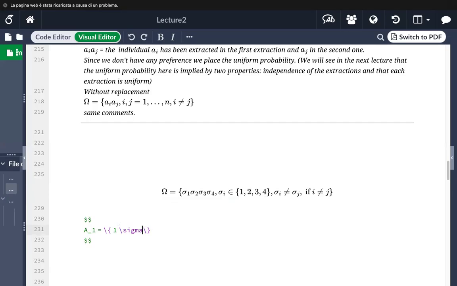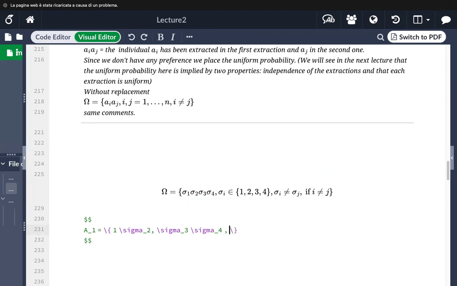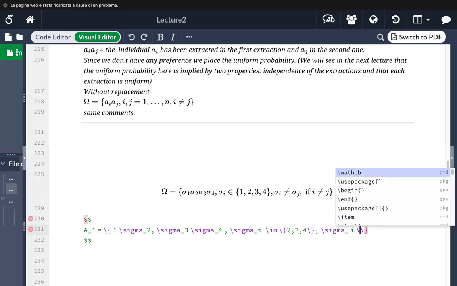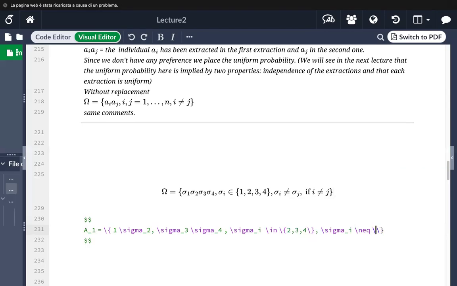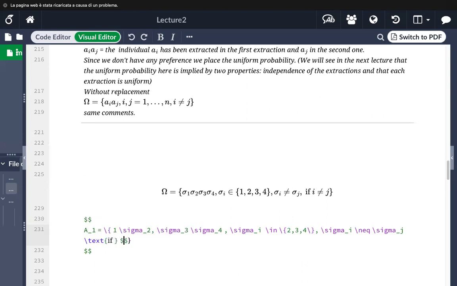So sigma 2, sigma 3, and sigma 4, where again sigma i is either equal to 2, 3, or 4, and sigma i is not equal to sigma j if i is different from j.